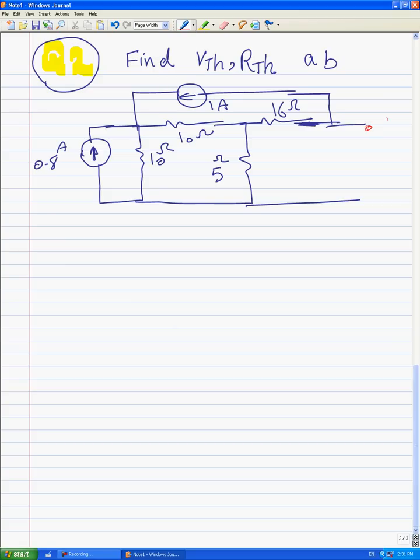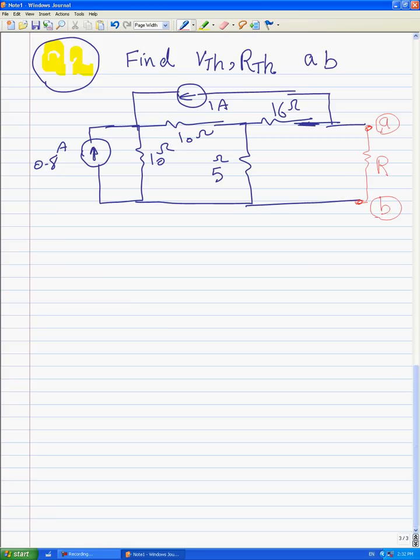Here we have terminal A, and here we have terminal B. And in the special case here, maybe we have a resistor like R. In this question, we want to find out VTH and RTH in terminals A and B.